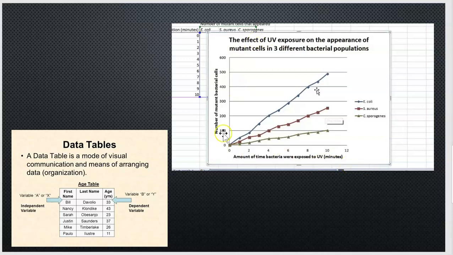And then your dependent variable, that's that number that you're collecting, that data, that's going to be on your y-axis. That's a must memorize, okay, guys? So your independent variable is on the x-axis and your dependent variable is on your y-axis.